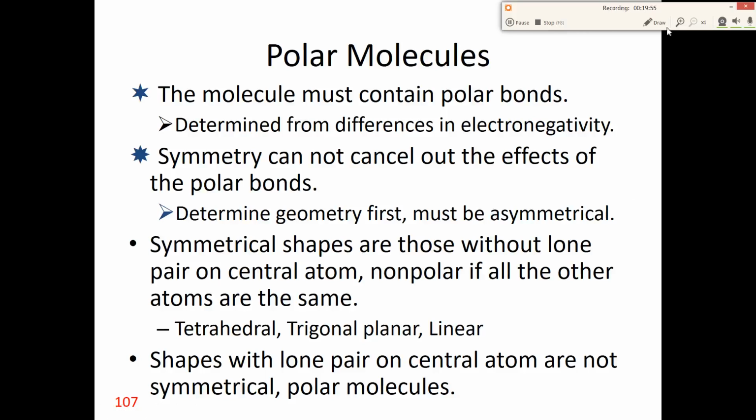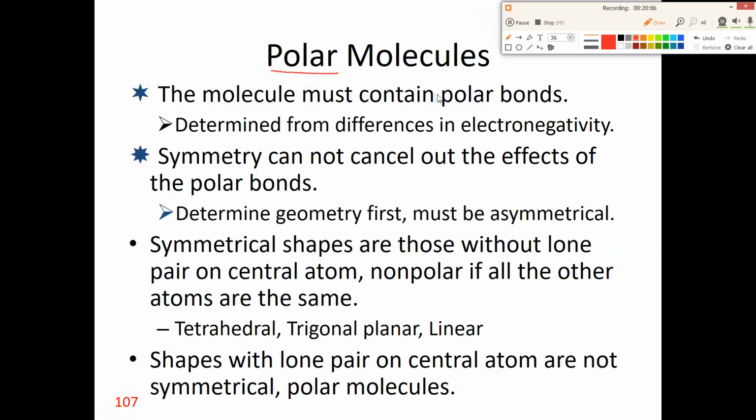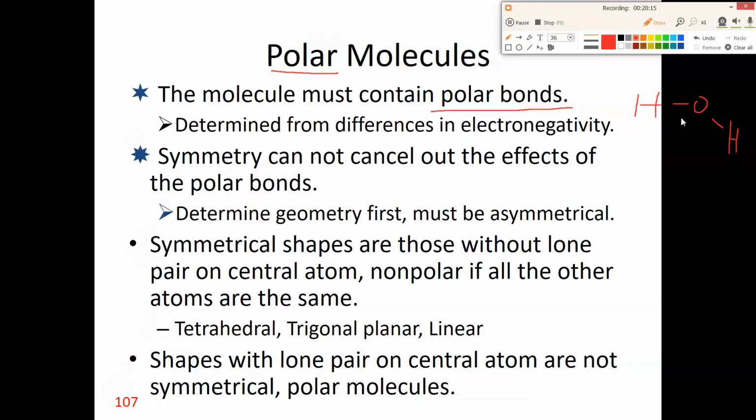Right. So how do we figure out whether a molecule is polar or nonpolar? First step, a polar molecule must have a polar bond, like in water. Right? The bond has to be polar. Then we figure out the symmetry of the geometry of the molecule. Determine the geometry.